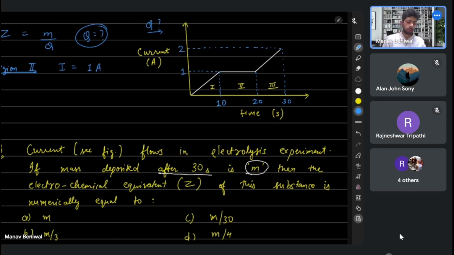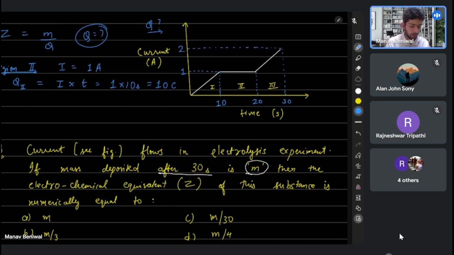So the charge in this region 2, let me write it as Q2, will simply be current multiplied by time, which is nothing but 1 multiplied by 10 seconds, which gives you 10 coulomb.